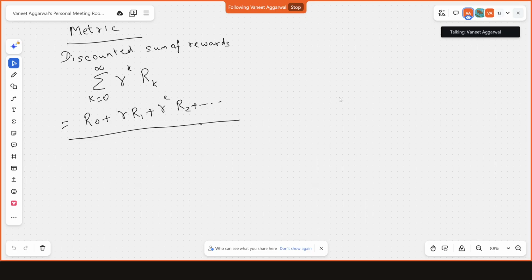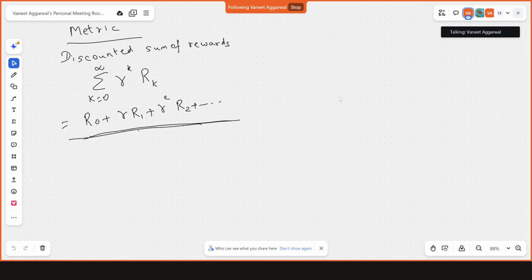In many practical examples, we still choose gamma very close to 1, but for most of the theory, we cannot choose gamma equal to 1, because if gamma is 1, then the sum is infinite, because even if all the rewards are bounded between 0 and 1, it's an infinite sum.